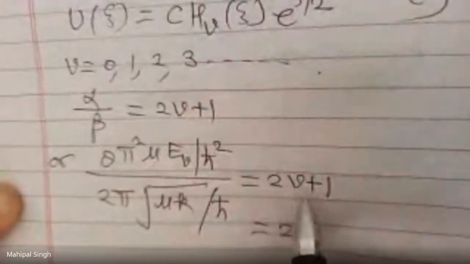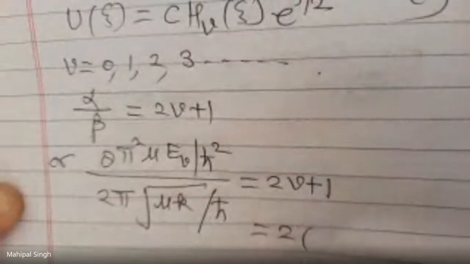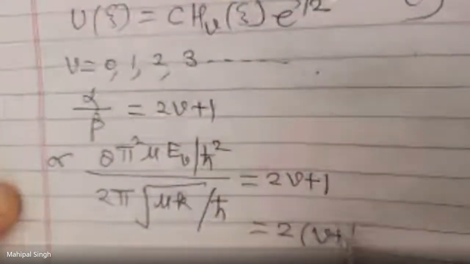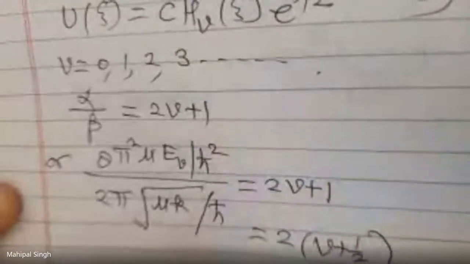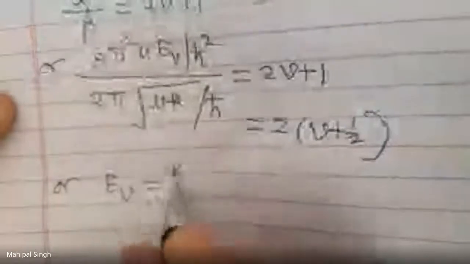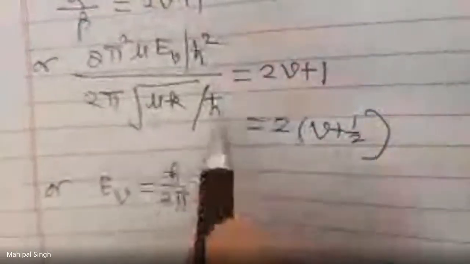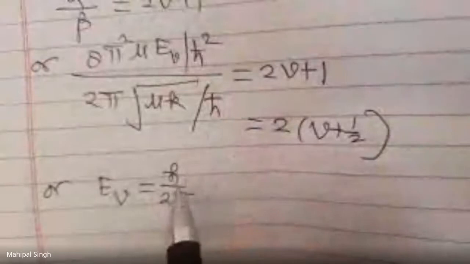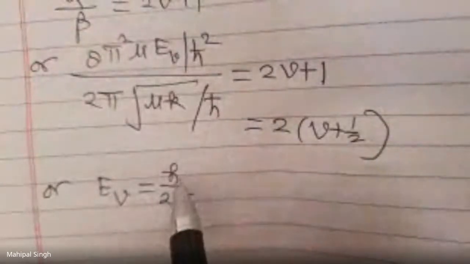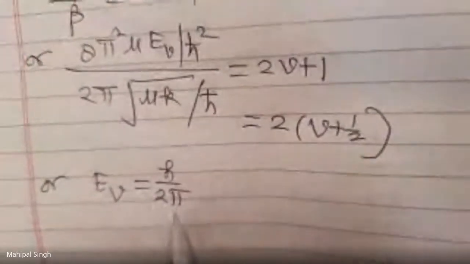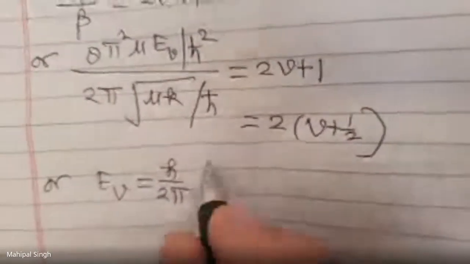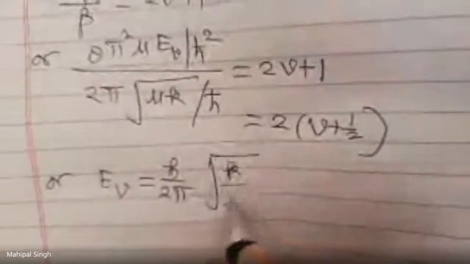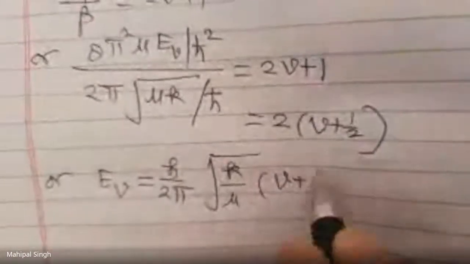We have taken 2 common from here, 2 times v plus half. Or we can write Ev equal to h upon 2 pi, because h cross is h upon 2 pi, where h is the Planck constant and pi is equal to 22 upon 7, or 3.14, under root k upon mu, v plus half.